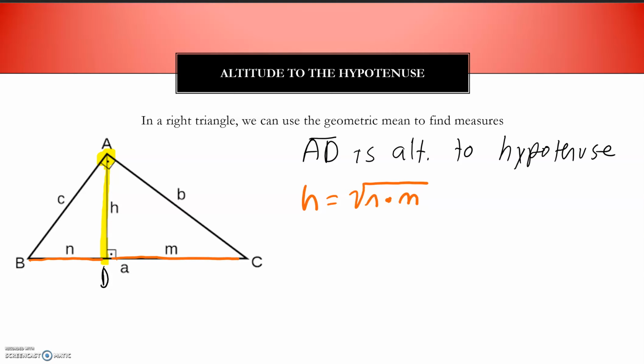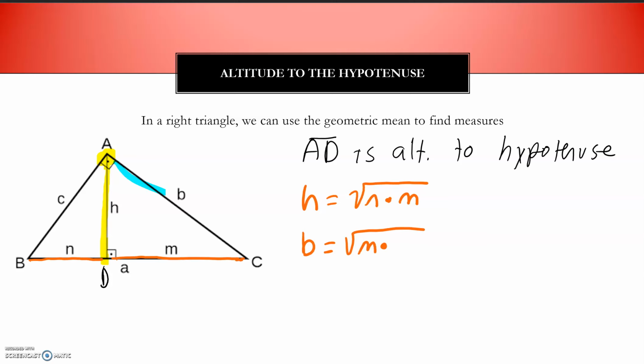We can say that in terms of this hypotenuse, I should be able to find, maybe that would be the better way to say it, the sides, the legs, are equal to the geometric mean between the part of the hypotenuse that's adjacent to that leg.